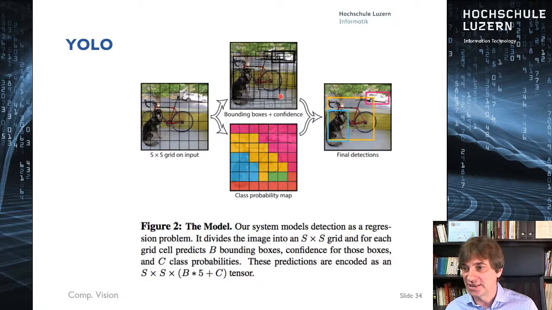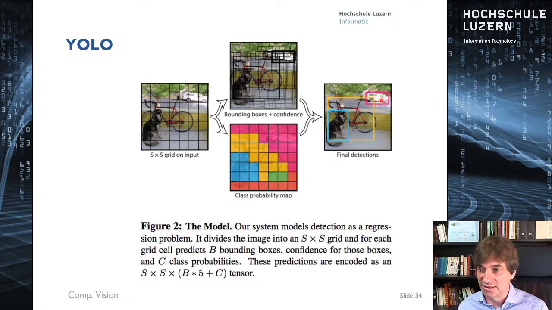But every cell will give 2 bounding boxes, and at the end you multiply the probability of that bounding box with the probability of all the cells in the bounding box, and this will give you the final probability and then the probabilities for the objects in this bounding box here.